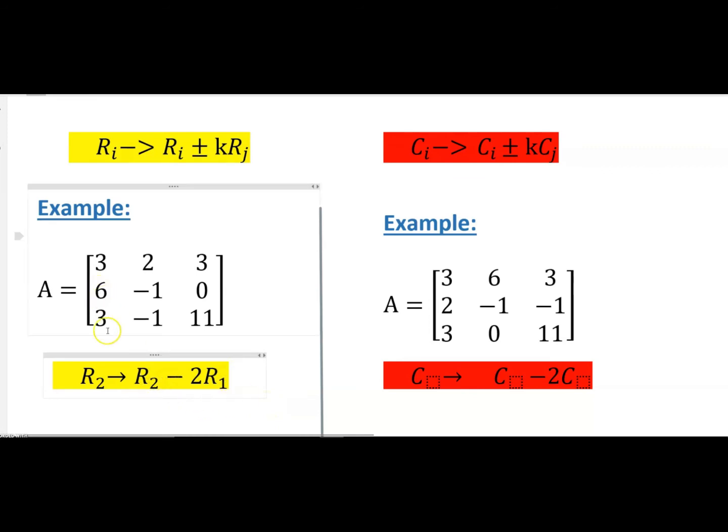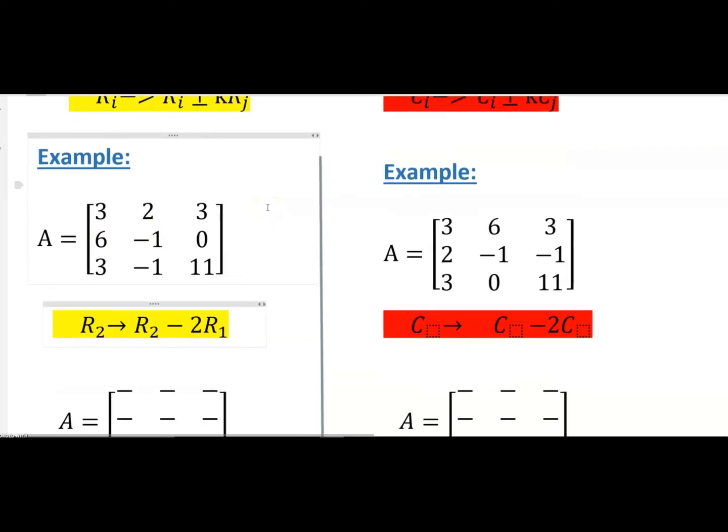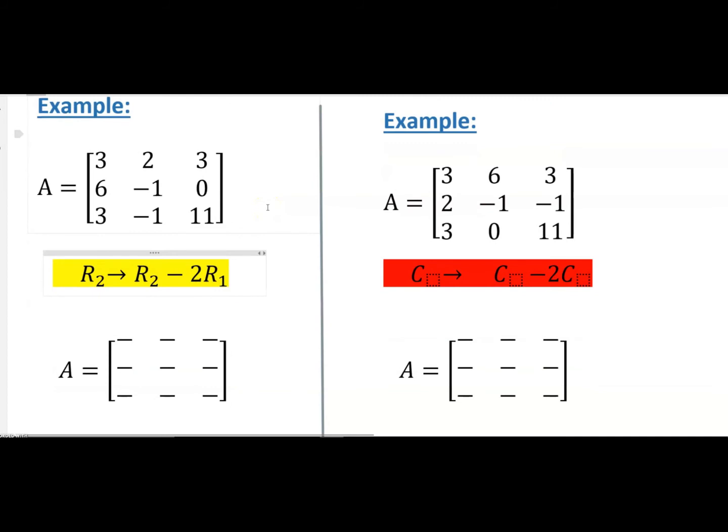Because the first element of the second row is 6, and when we multiply the first element of the first row, that is 3, by 2, that will be 6, and when we subtract it from the first element of the second row, 6 minus 6, that will be 0. So according to the condition, we can apply the operations, right? For this, you first need to know how we can apply the operations.